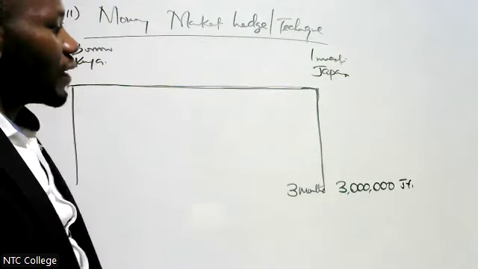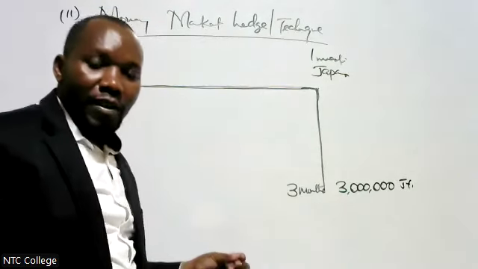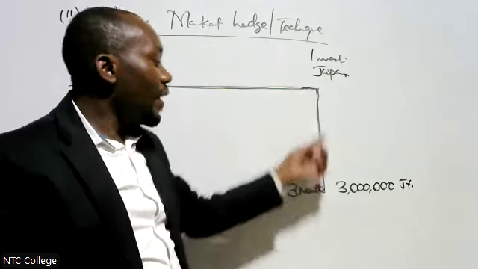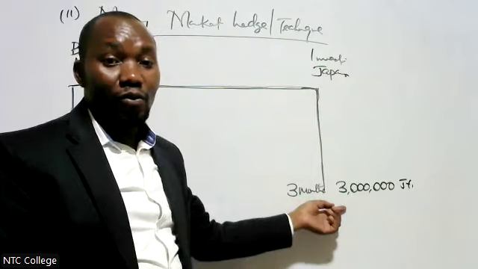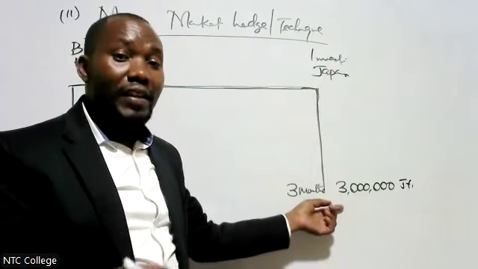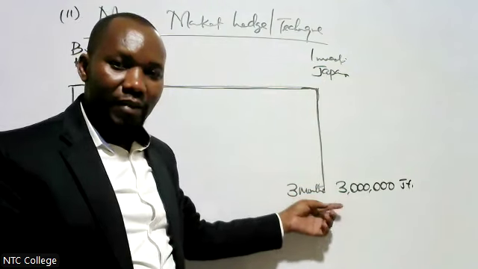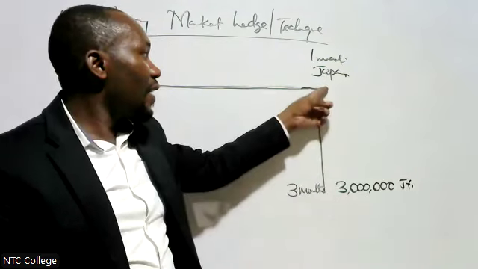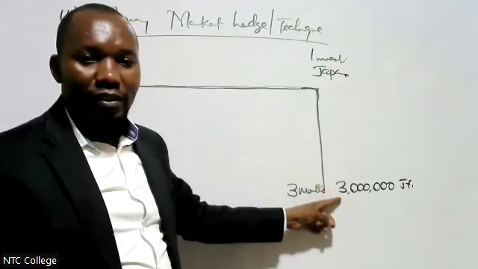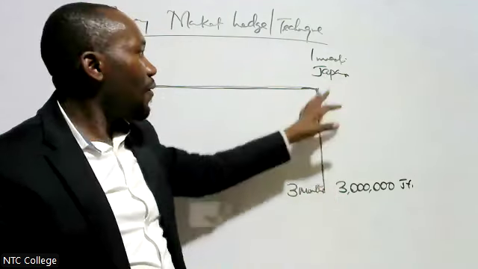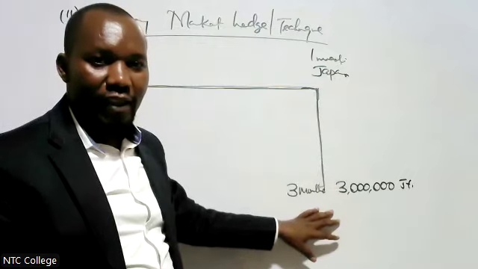So we need to ask ourselves, because in 3 months' time, we are going to pay 3 million. We need that amount that, if we invest it here, will give us 3 million after 3 months' time. This is the amount that we're going to pay in Japan.